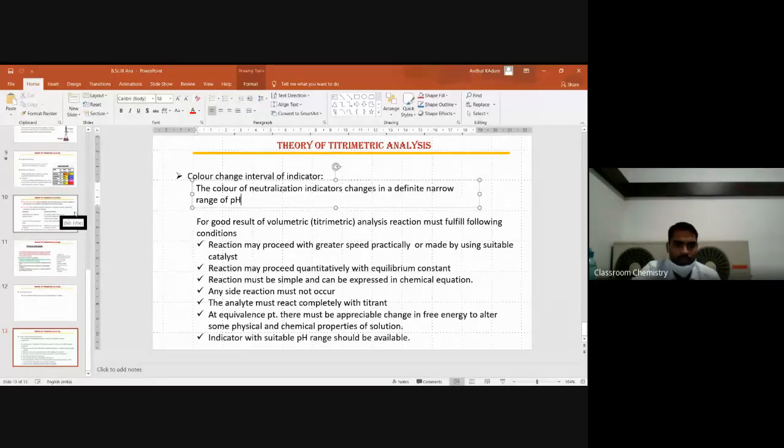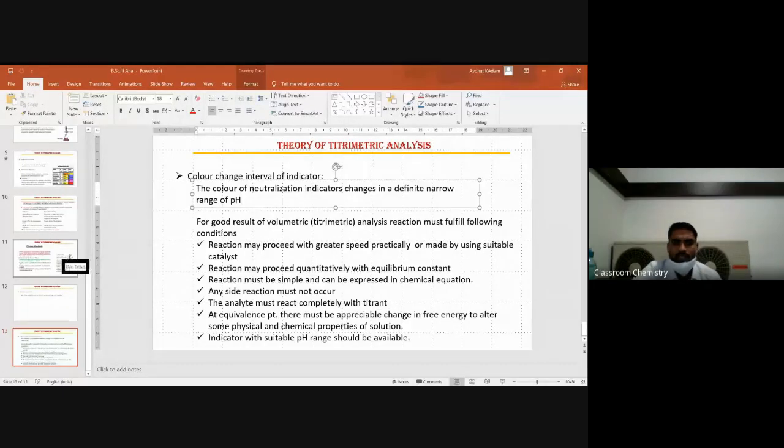In the next lecture, our main syllabus starts from the color change intervals of indicators, and all previous things are asked in different types of competitive exams. You must be familiar with concepts like normality, molarity, molality, standard solution, and titrant. These are most important in the practical session also.